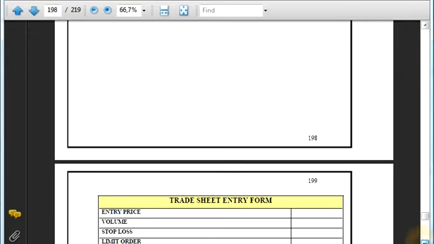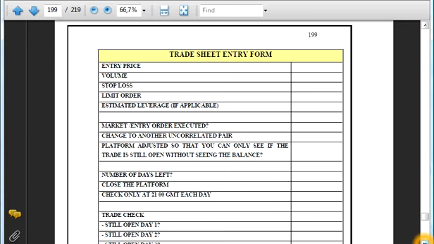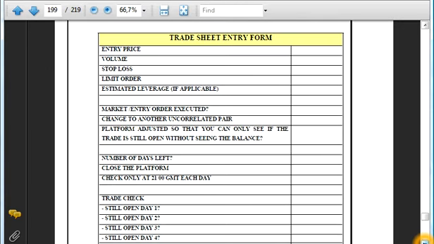The next step is to fill out the trade sheet form, fill out the relevant price information, entry, volume, stop loss, etc. And then the last step will involve determining the holding period for that trade.